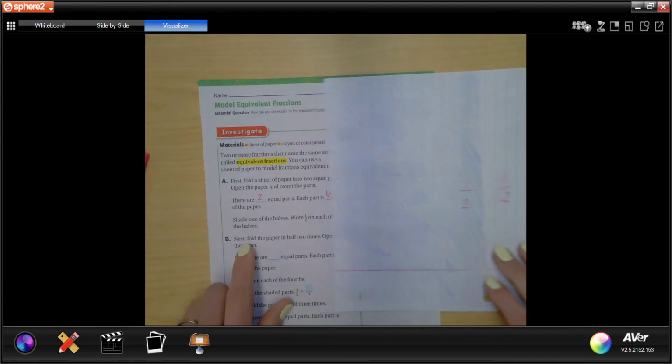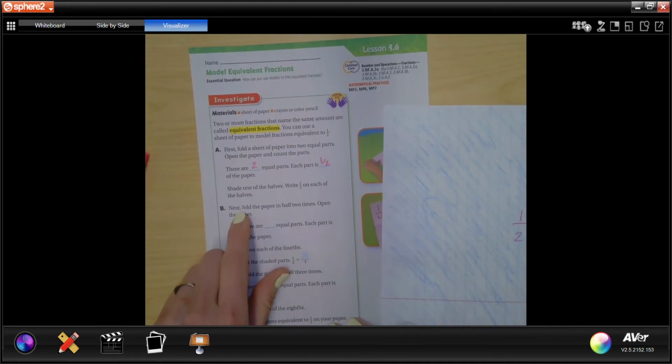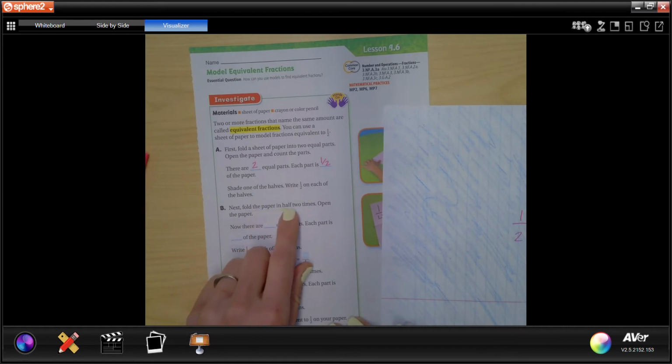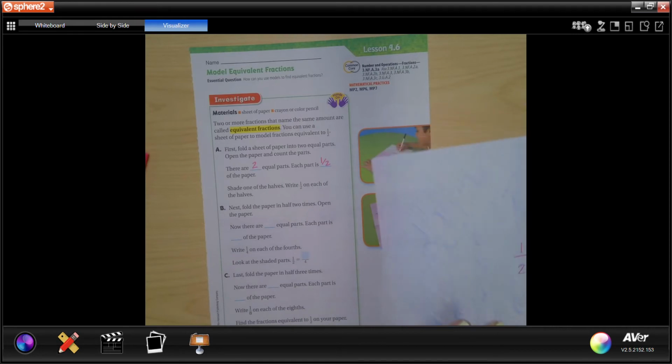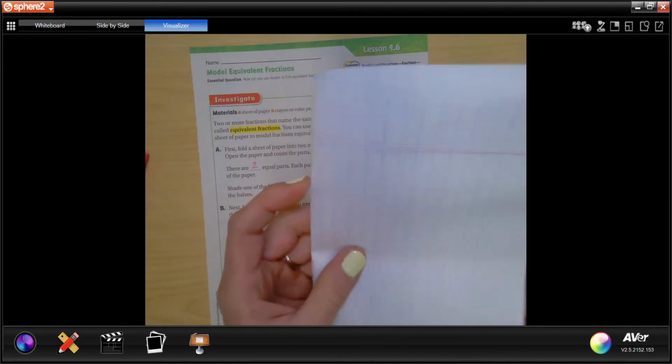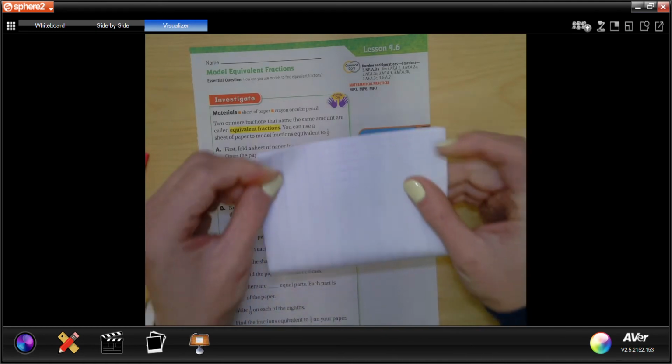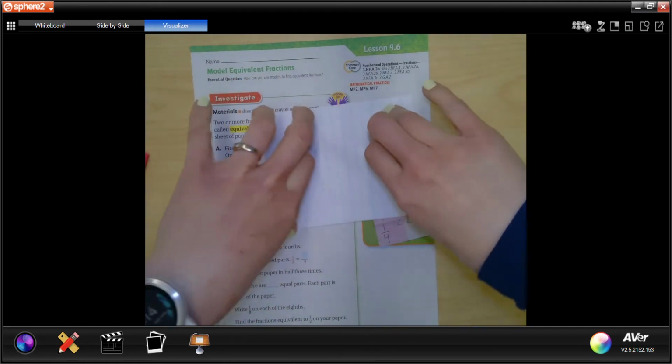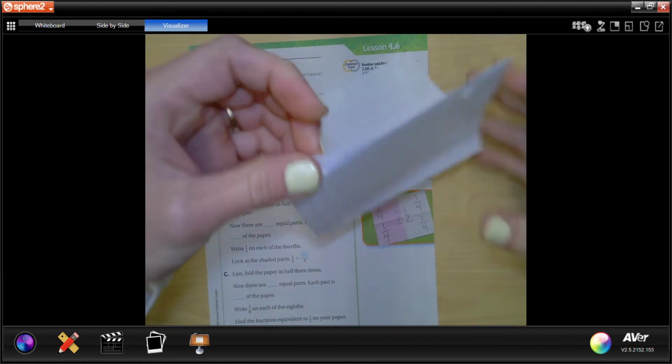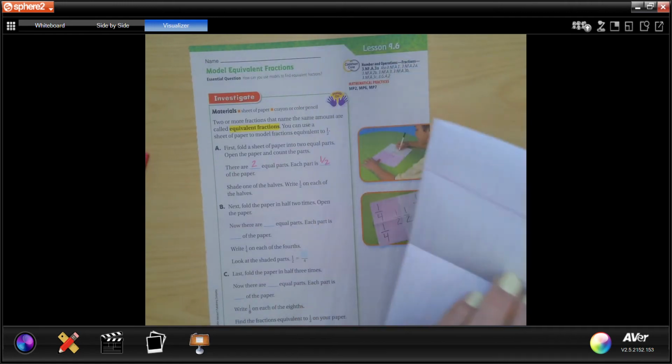Next, we are going to fold the paper in half 2 times and then open the paper. So we fold it in half once and then we fold it in half 2 times. Open the paper.